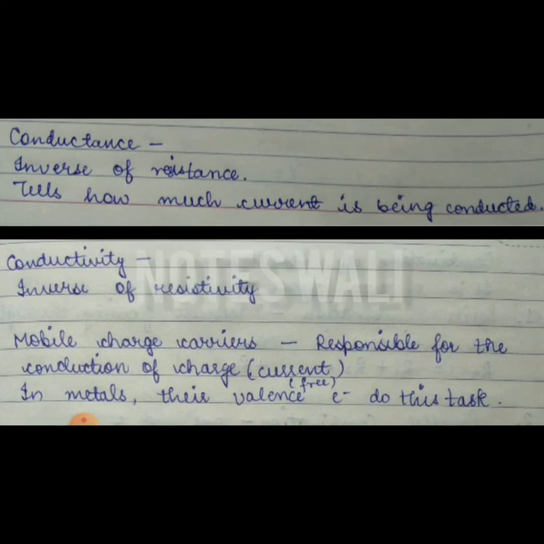Then we talk about the mobile charge carriers, which are responsible for the conduction of current. We also know that current is conducted in metals generally. So in the metals, the valence, or we can say free electrons, do the task of mobile charge carriers.